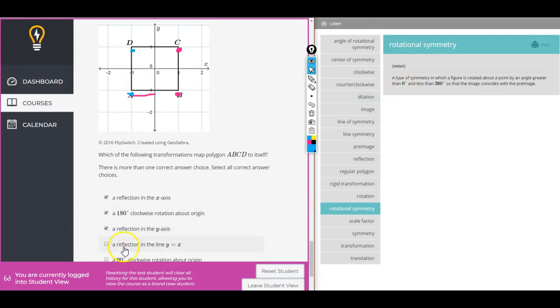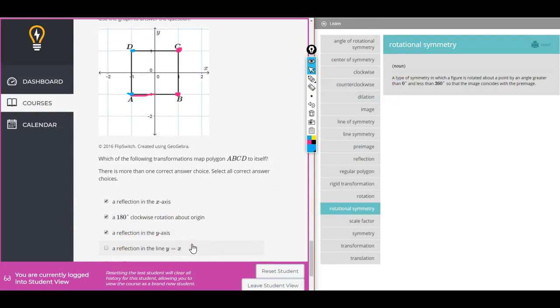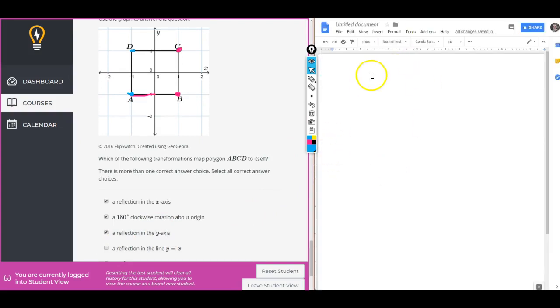A reflection in the line y equals x. In order to check this, I have a hard time visualizing the line y equals x and reflecting around it.